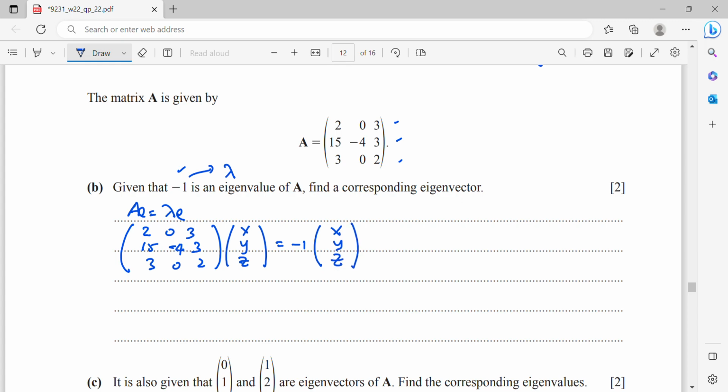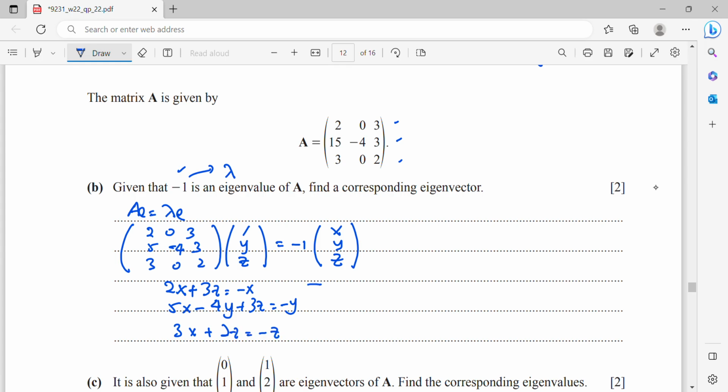Okay, so now form 3 equations. To get the equations, first row multiply by column. So when you multiply, basically we will be getting 2x plus 3z is minus x, then 15x minus 4y plus 3z is minus y, and then 3x plus 2z equals minus z.